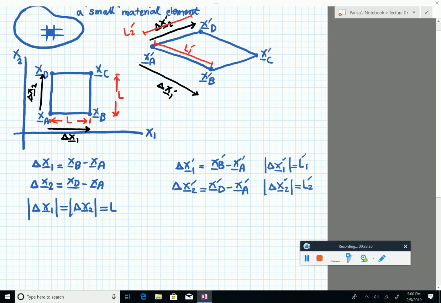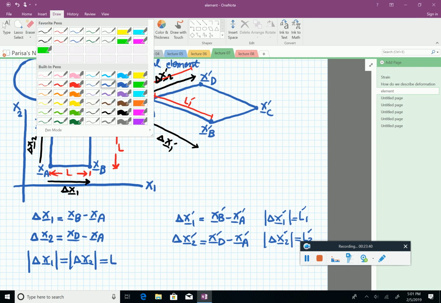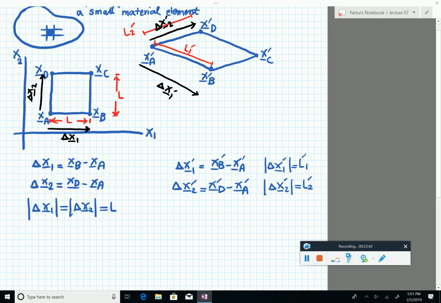So now, remember in the previous slide I talked about displacement. Now each one of these points has a displacement vector associated with it. So let's use that relationship that I showed you before. Maybe I have to write it in orange here. I showed you that x prime is x plus u.